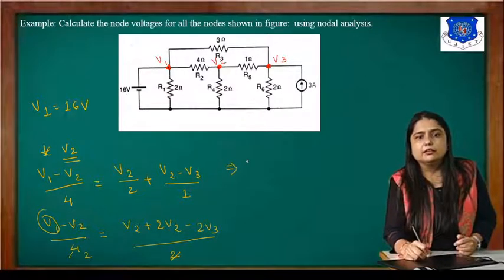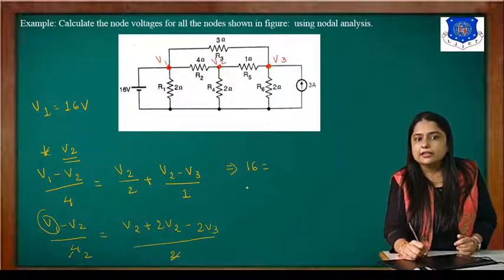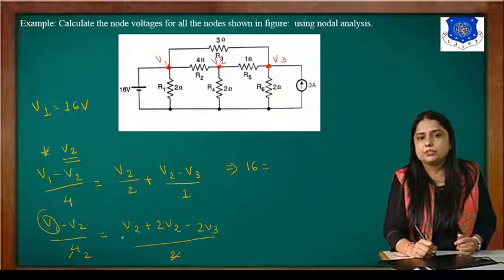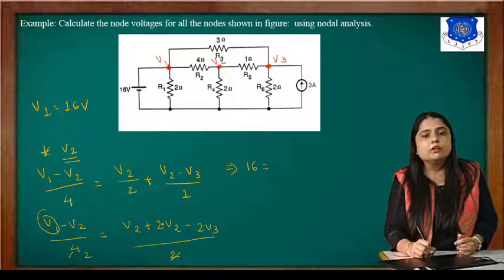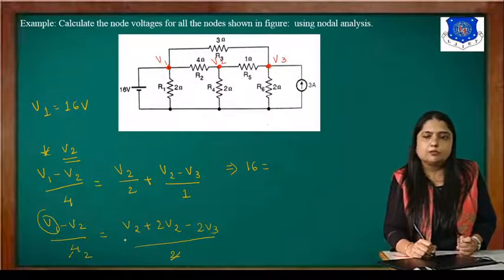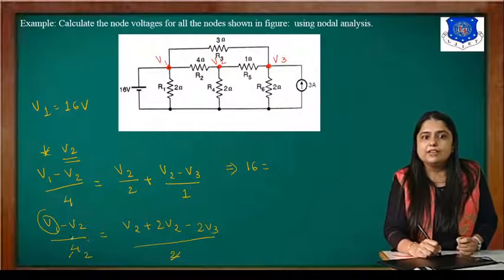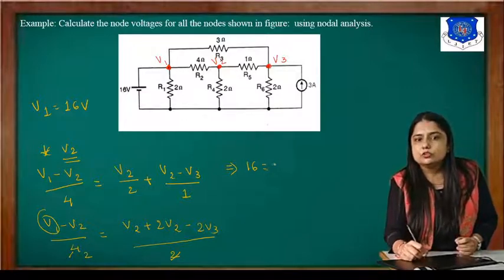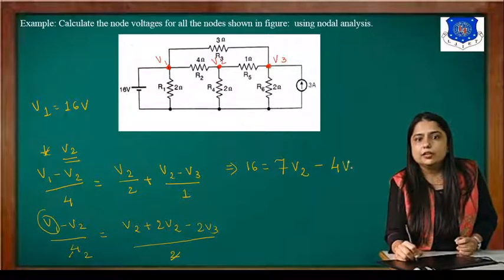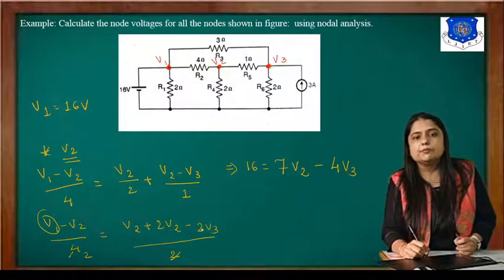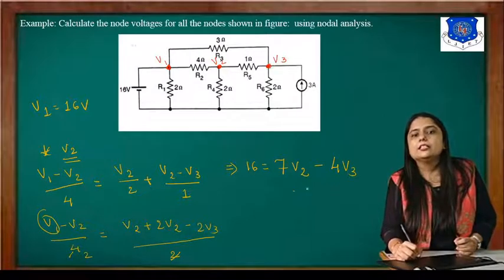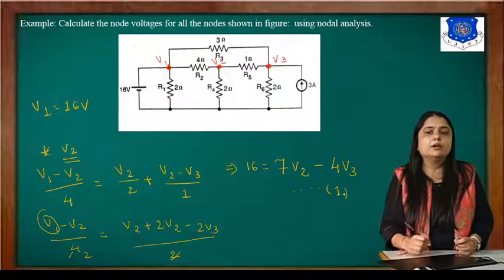So we get 16 equals, and doing the cross multiplication, it's 3V2, and when we multiply this with 2 it becomes 6V2, and we add this V2. So in total we get 7V2 minus 4V3, because we multiply this 2 with the 2, and this becomes our equation number 1.